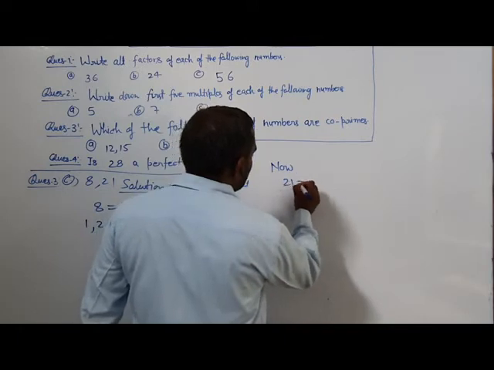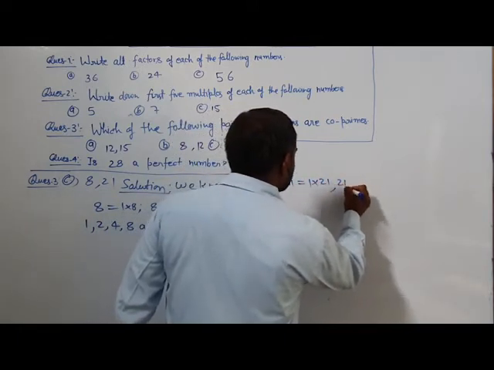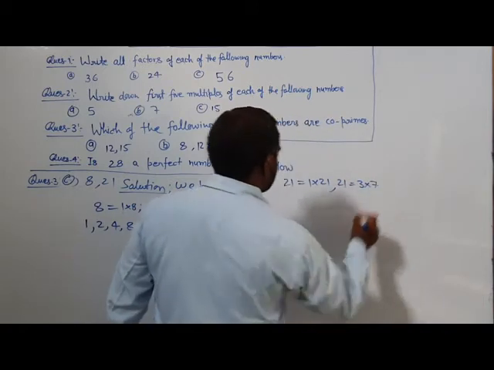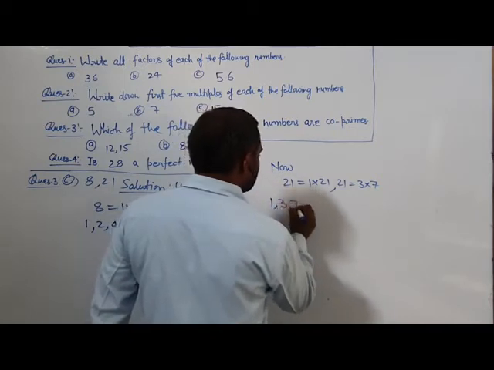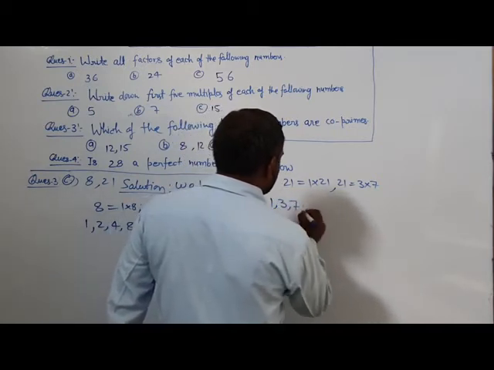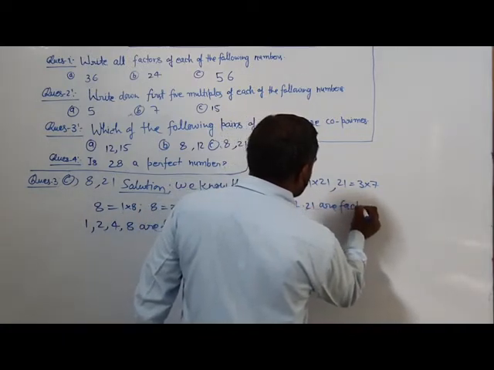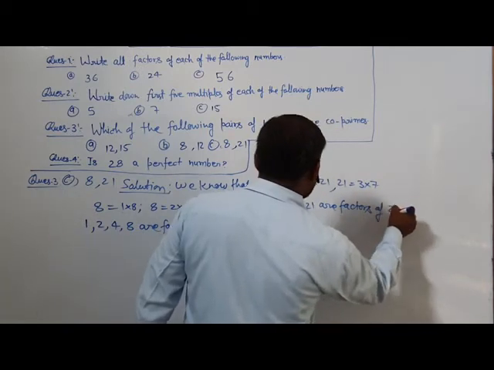Now 21 is equal to 1 into 21. 21 is equal to 3 into 7. 1, 3, 7 and 21 are factors of 21.